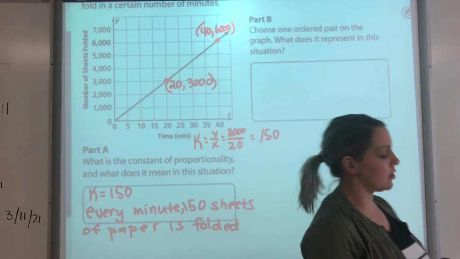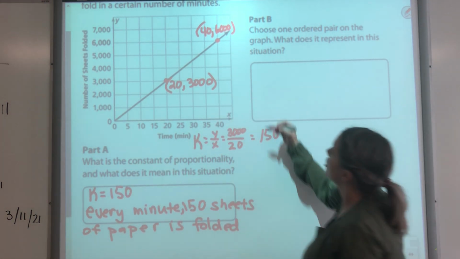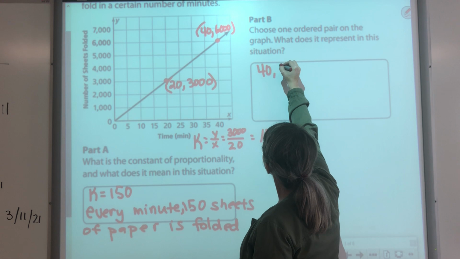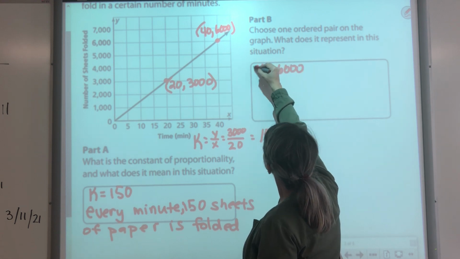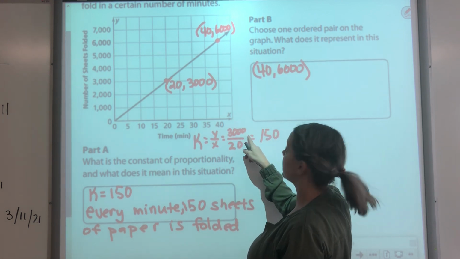So then another ordered pair that we could use is 40, 6,000.